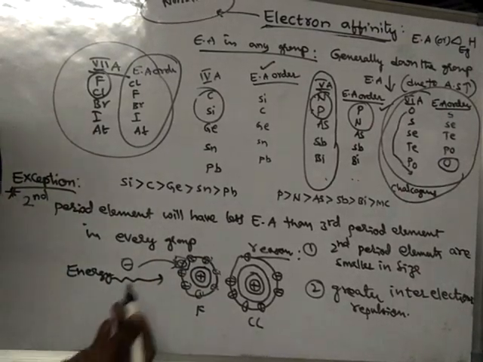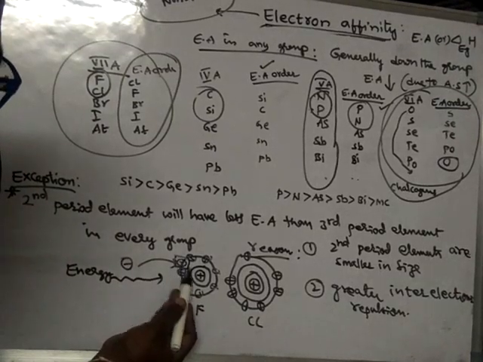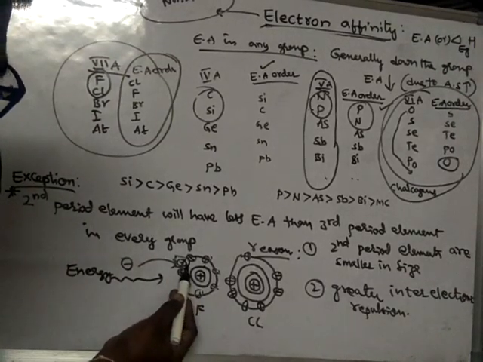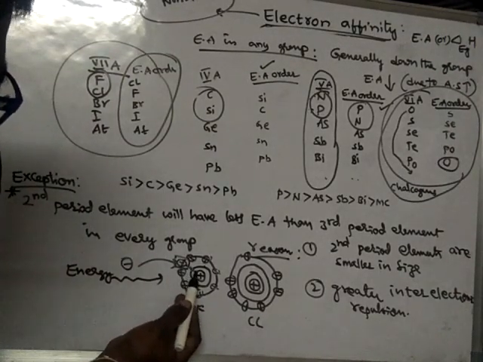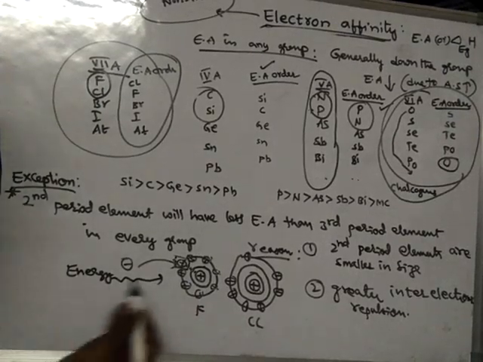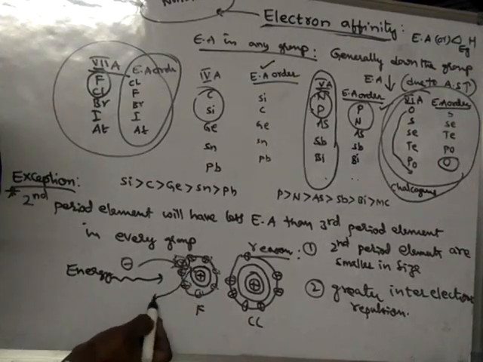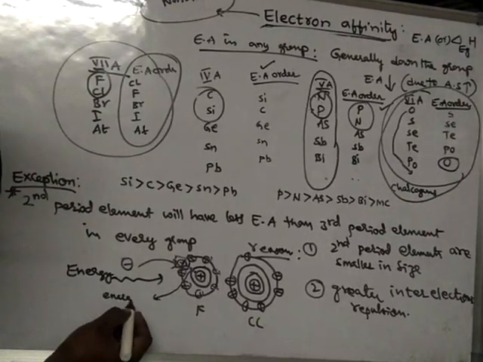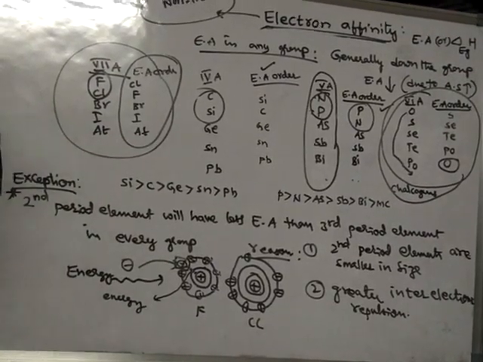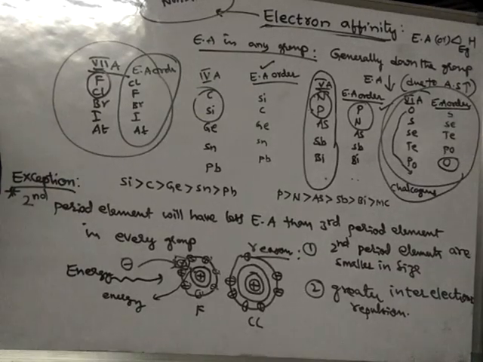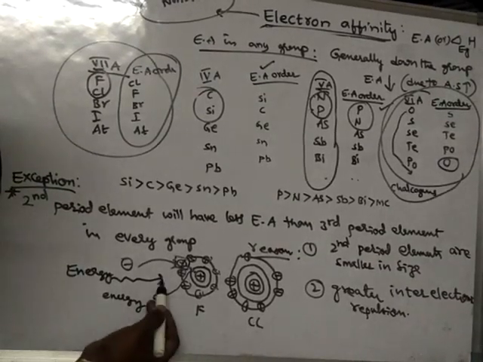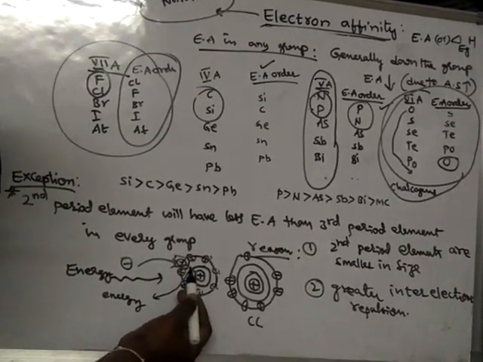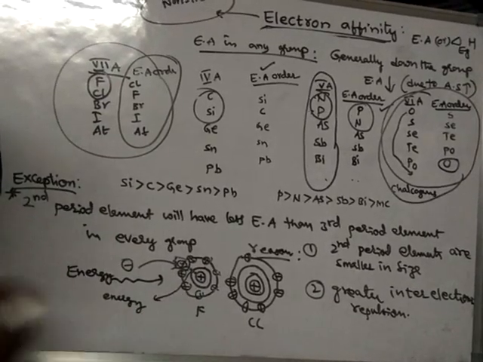Now after inclusion of this electron into this atom, what happens? The nucleus will show a force of attraction, and some energy is released by the atom. Always remember that the energy absorbed by this atom is more than the energy released by the atom.